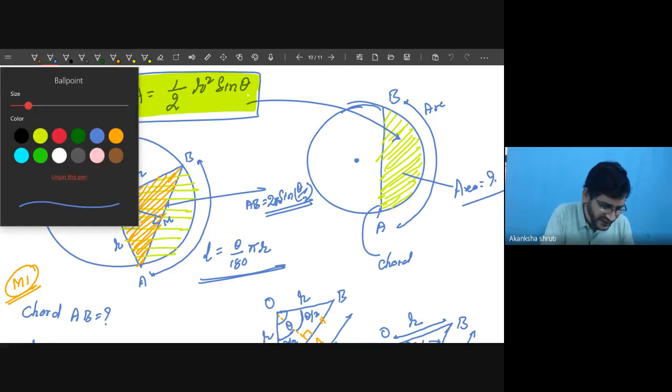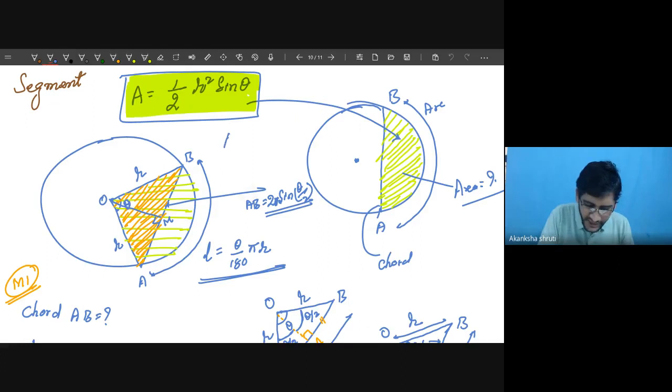Or this area can also be calculated in terms of the chord length. If this chord length is y, then it is given by half y under root of 4r square minus y square. It's a very easy one to remember.